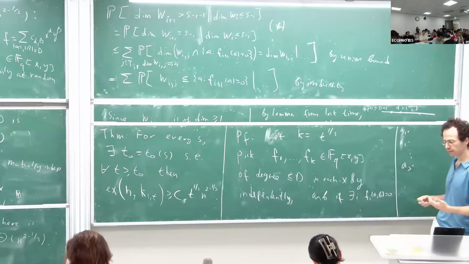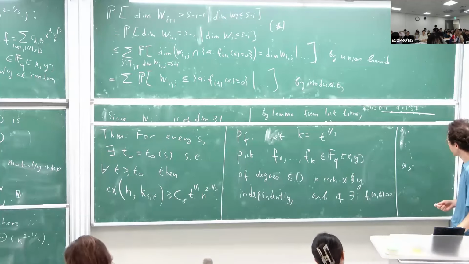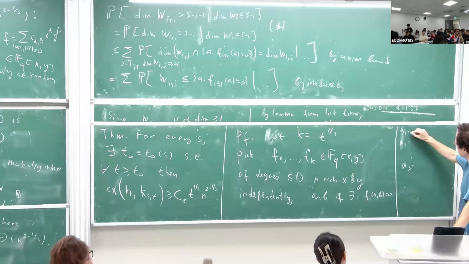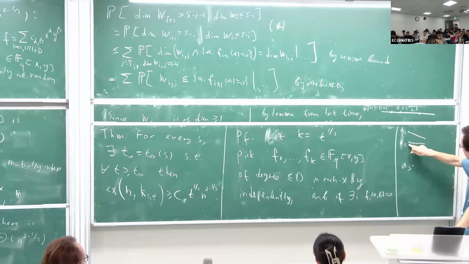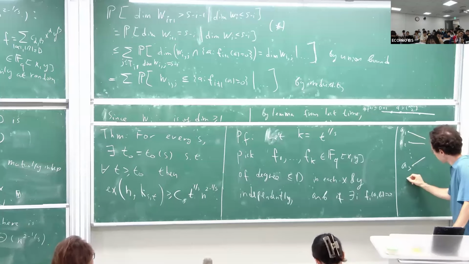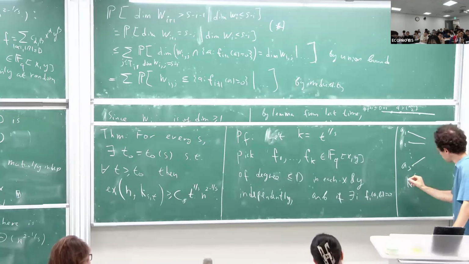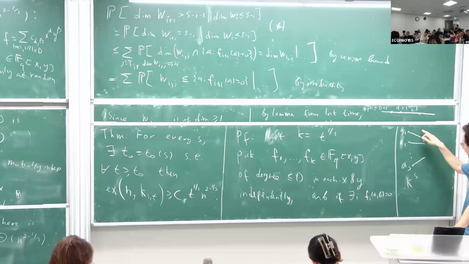Well, there will be several ways we can get neighbors. For each edge coming from A1, it's in one of these K graphs. So we choose which of the K graphs this edge is in, and so forth. So there are going to be K to the S choices of which graphs there are.